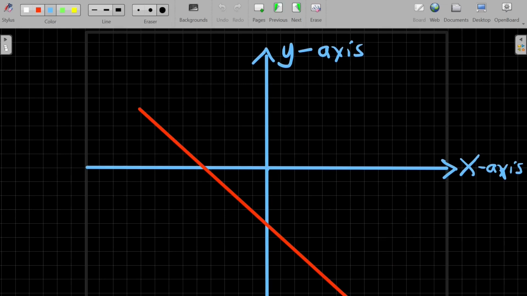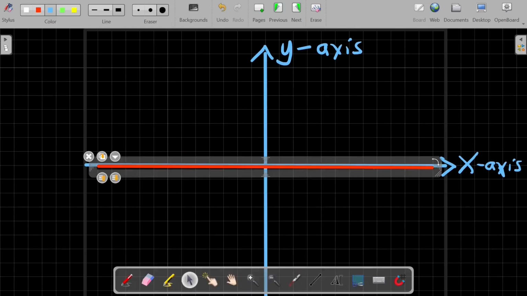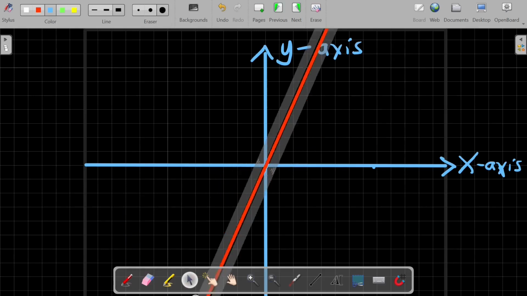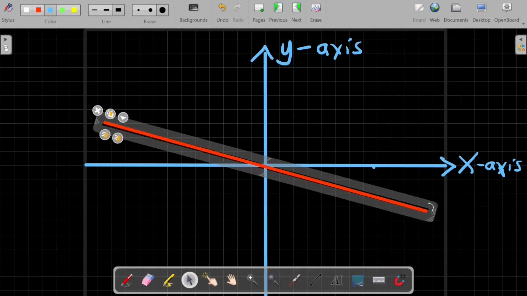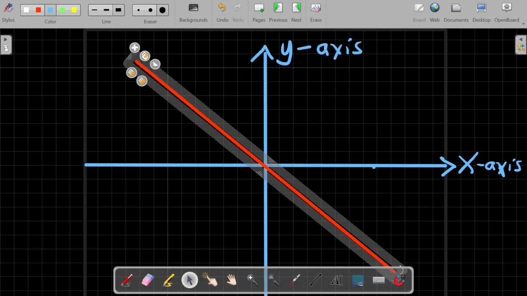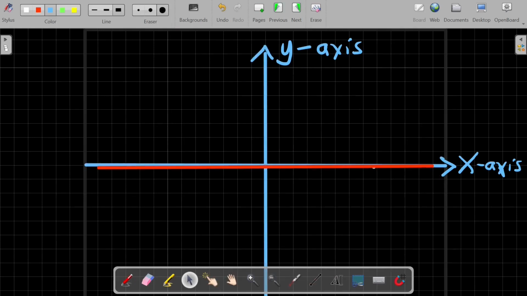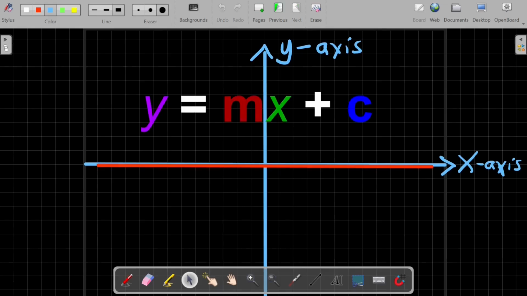As you can see, this line is being rotated in the plane like this, and this, and this, and this. In other words, the orientation and position of this line is governed by an equation, which is this: y equals mx plus c. That is what we're going to dissect.